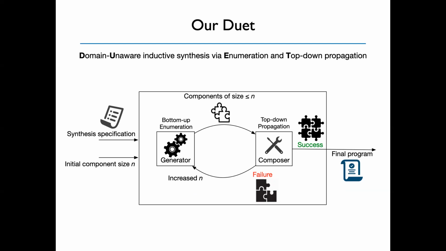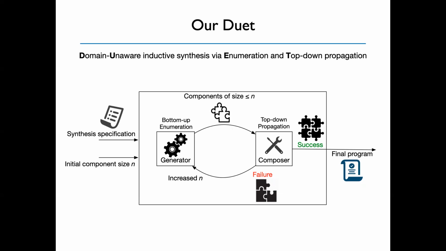These enumerated expressions are provided to the composer, which then tries to construct a solution from the components. The desired program may not be synthesized if the given set of components is insufficient. Then we augment the component pool by adding larger expressions and attempt to construct a solution again. This process is repeated until a solution is found.